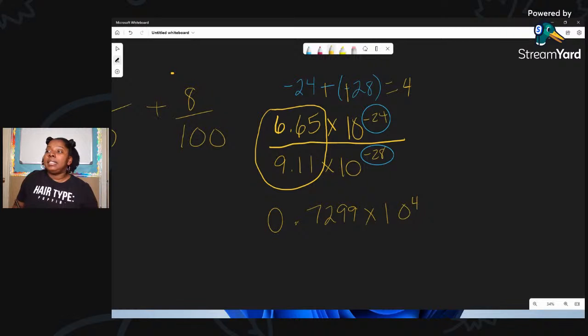So normally in scientific notation, we would write it like this. And because we move that decimal over, when we round it to the nearest tenth, it would be like 7.3, right?